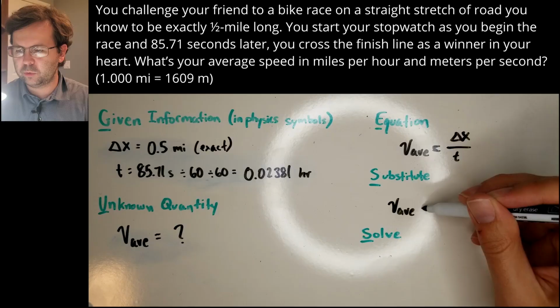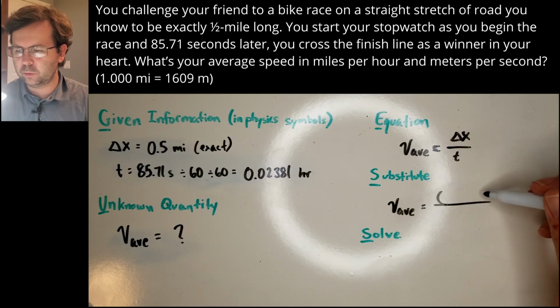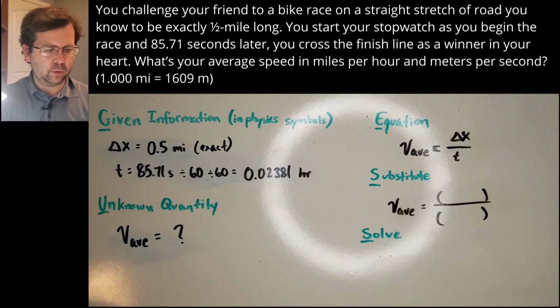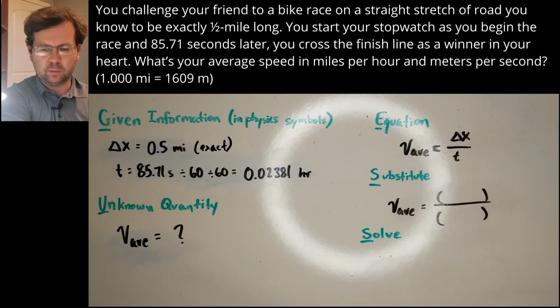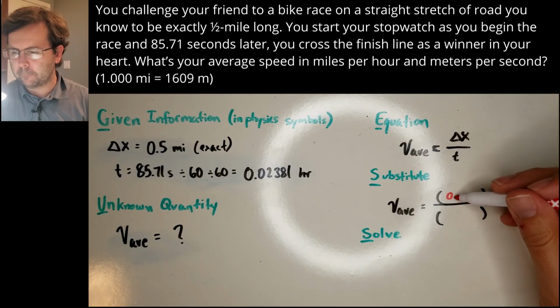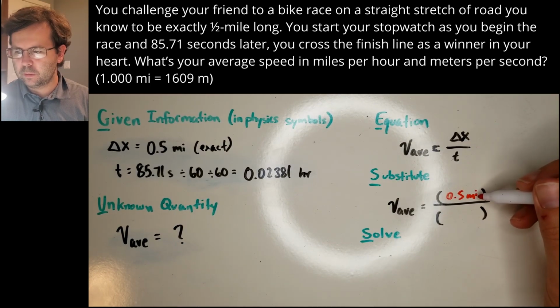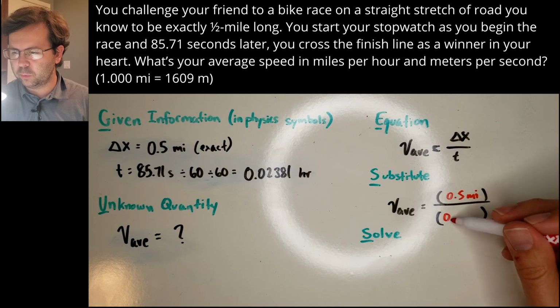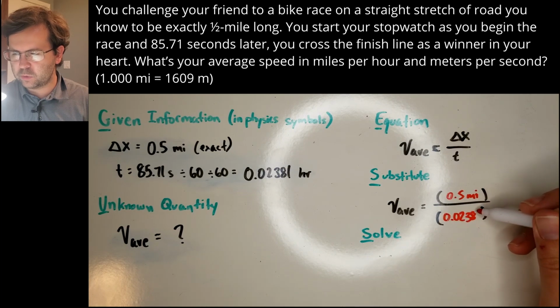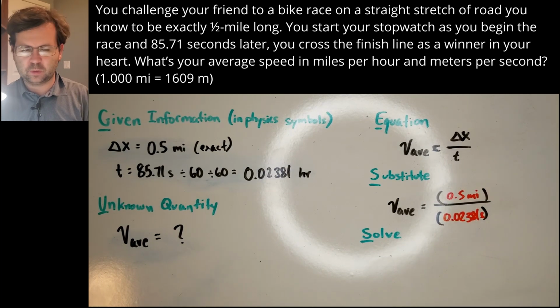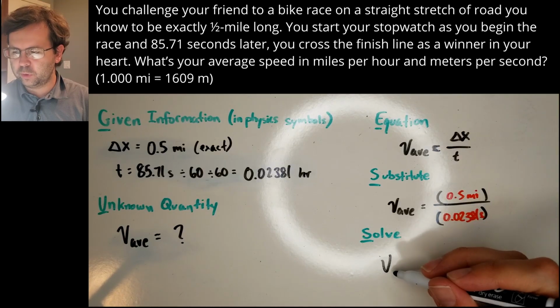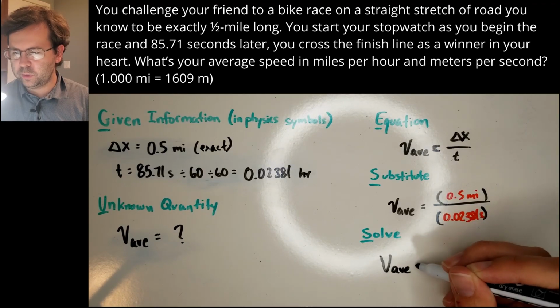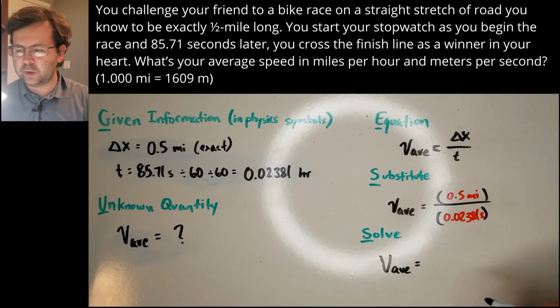All right, so we're going to substitute in our distance and time here. Our distance is exactly 0.5 miles, and our time is 0.02381 hours. Putting this into a calculator, we get a rounded answer.